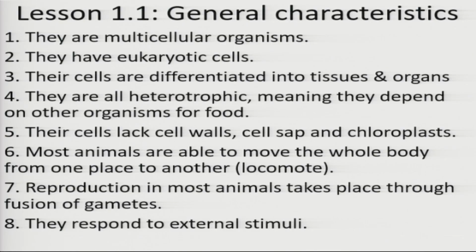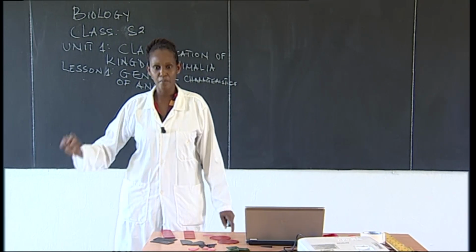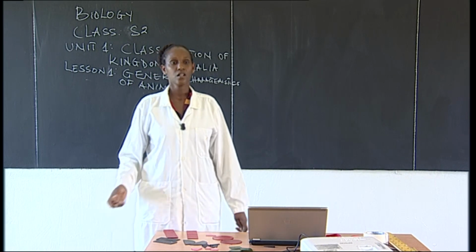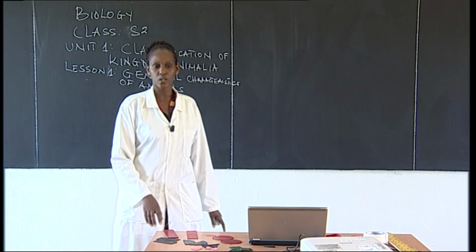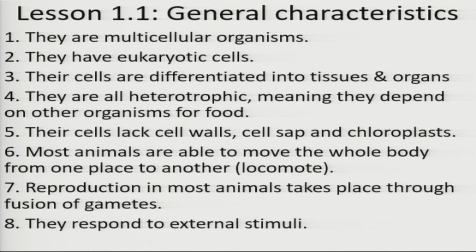All the animals reproduce by fusion of gametes. What does it mean? It means that the male has to inject the sperm into the female for fertilization. There is fusion of gametes. It can be internal or external, but at the end, there has to be fusion of gametes.